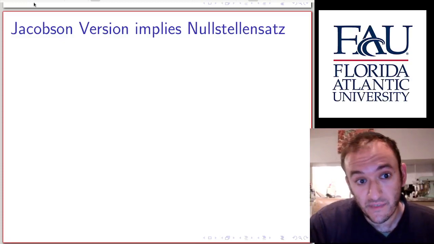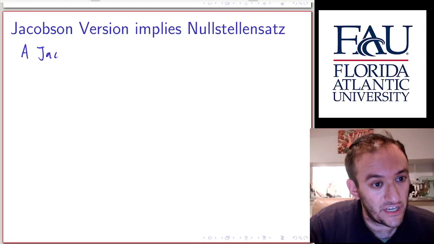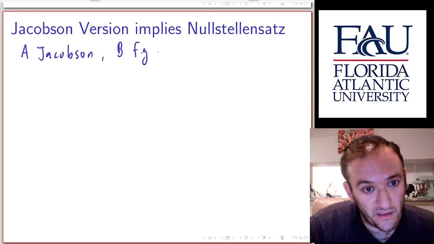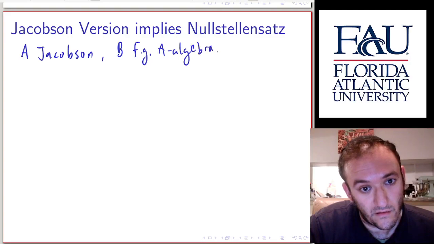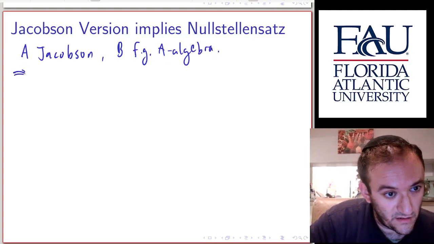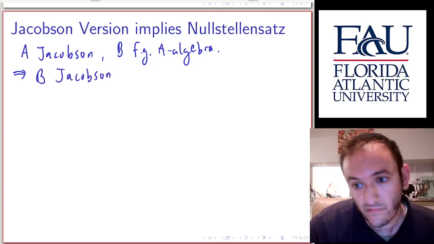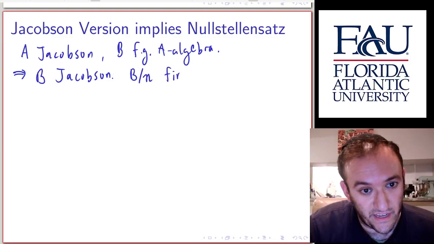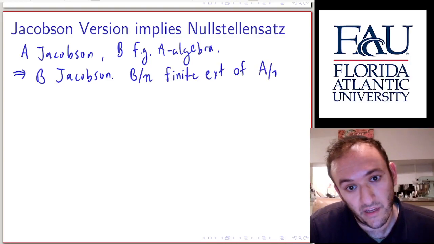How does the Jacobson version imply the standard Nullstellensatz? So again, the Jacobson version is that if you have A Jacobson and B a finitely generated A algebra, then B is Jacobson, and you can also have this property of the extensions: B mod n is a finite extension of A mod m.